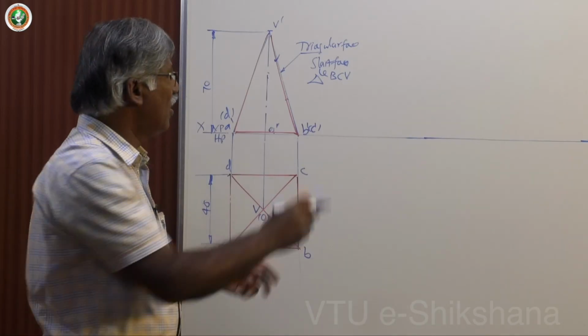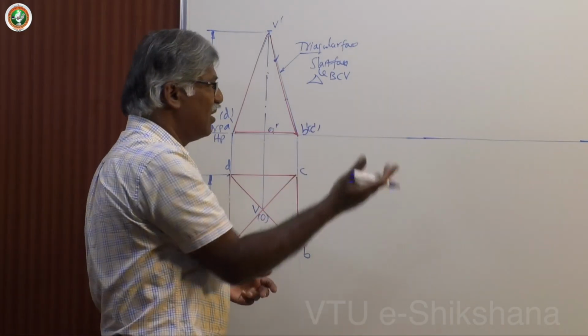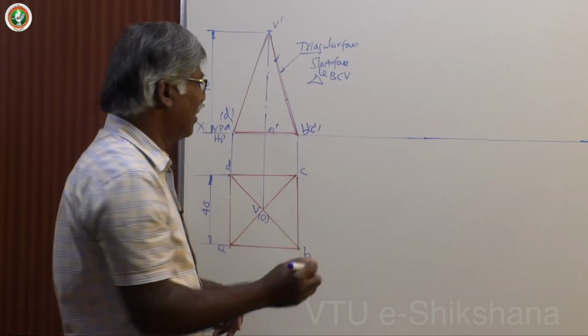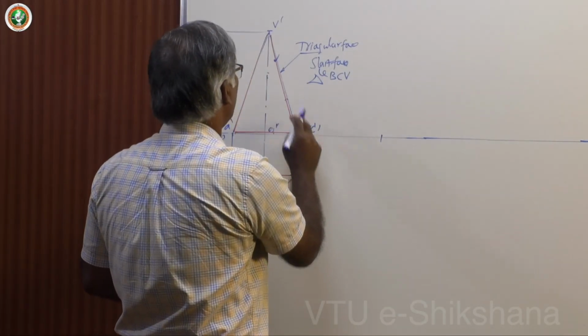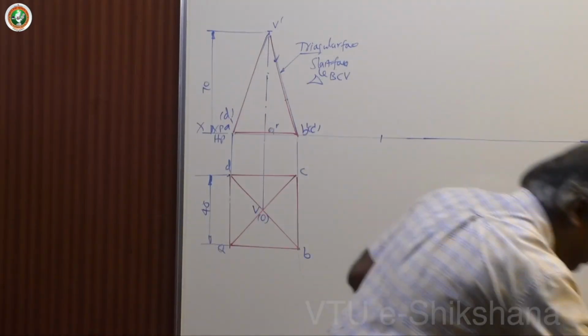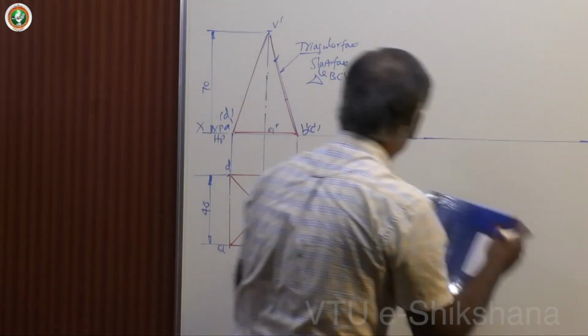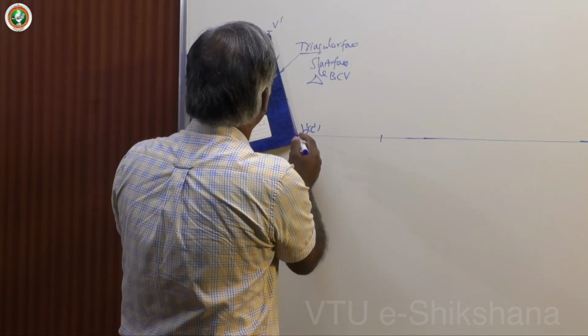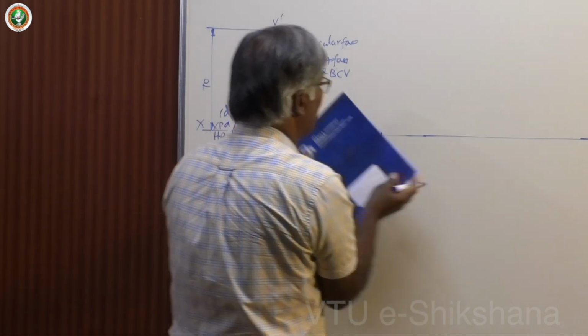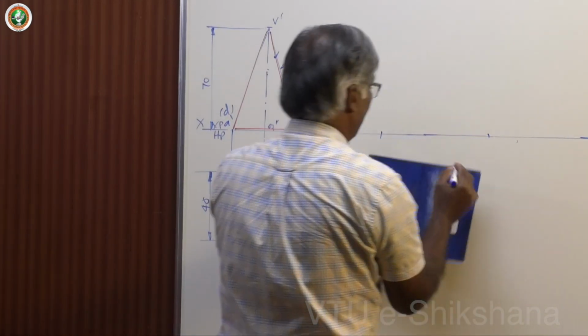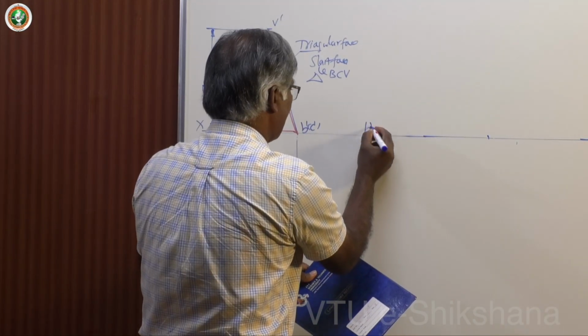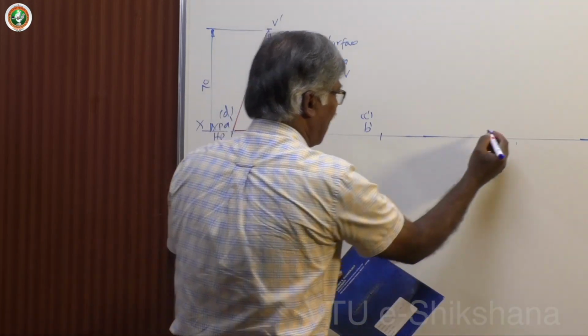In the computer, move and rotate. In this case, it is very easy, arc method. You take this BC distance here, and you name this as B dash C dash, and this is V dash.